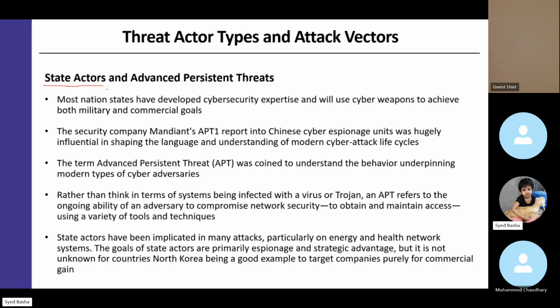When it's time to attack their enemy or collect some sort of intelligence, they use these threat groups that they are funding. And there is something called advanced persistent threats. This kind of threat will stay forever, or for a longer time than expected. I want to give you an example of state actors and advanced persistent threats, because these both go hand in hand.